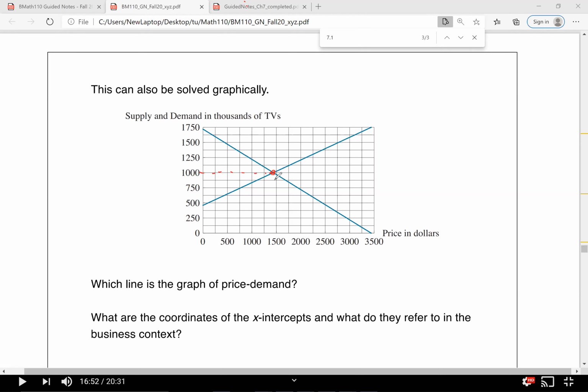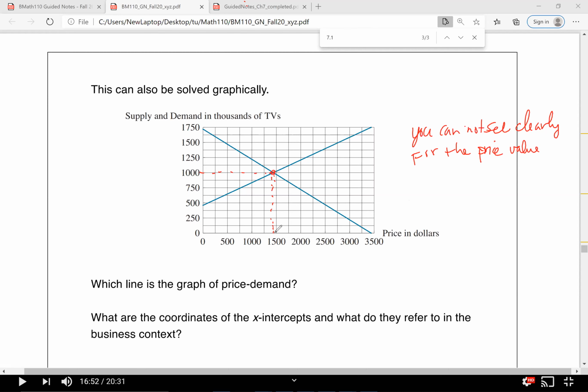This is 1000 and 1440, but according to the graph, you cannot see the price value clearly.